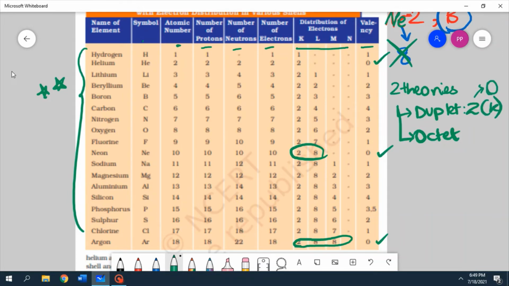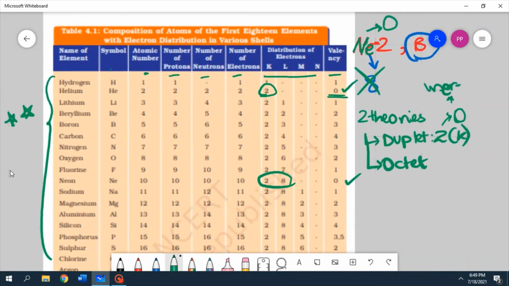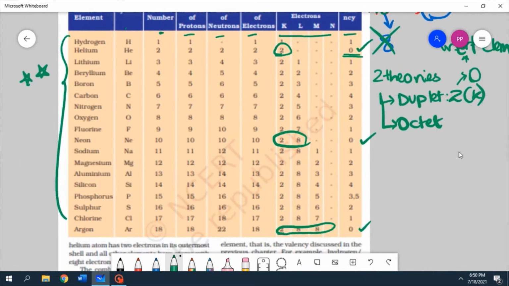So for helium, there are just 2 electrons in the K shell, which is the outermost shell. So the combining capacity is 0, as you can see here, and that makes it an inert gas or an inert element. And if you remember from other chemistry chapters, helium is an inert element, and that is because it satisfies the duplet theory.